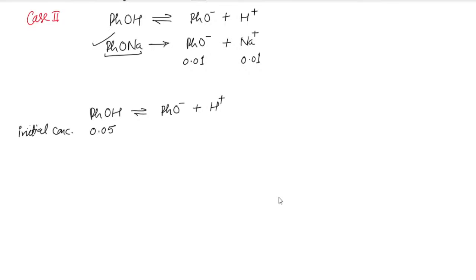So 0.05 molar phenol is there and at the same time 0.01 molar phenate ion is also there. In the earlier case, we had phenol 0.05 but phenate ion was 0 initially, and H plus ion again 0.